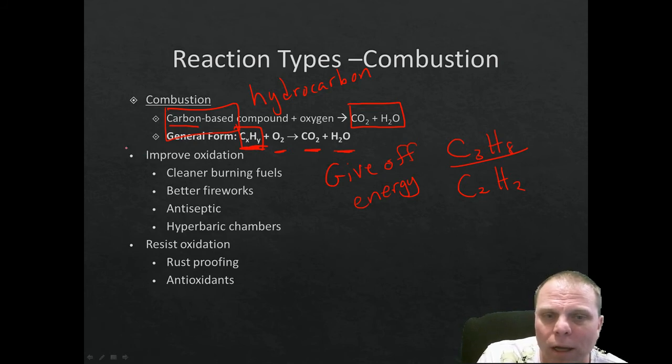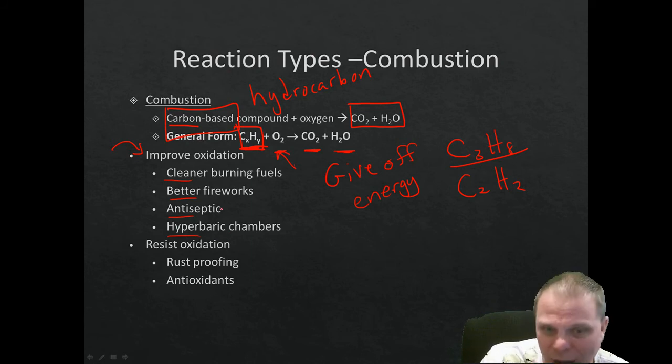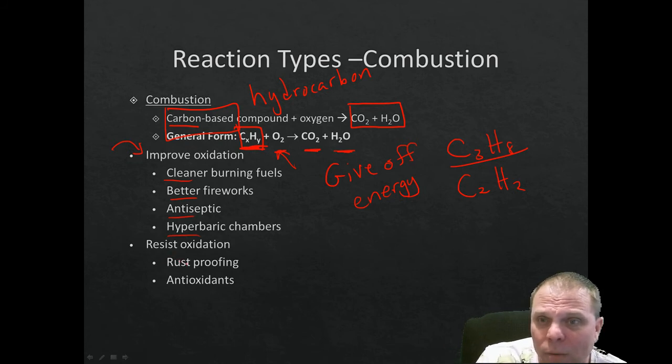And so what do we do to think about these for practical purposes? We can make cleaner burning fuels. We can make better fireworks. We can make antiseptics, hyperbaric chambers. These reactions can help us. Do we want to have oxygen in that chamber? Hyperbaric chambers are high pressure chambers. And then what can we also do with these combustion reactions?